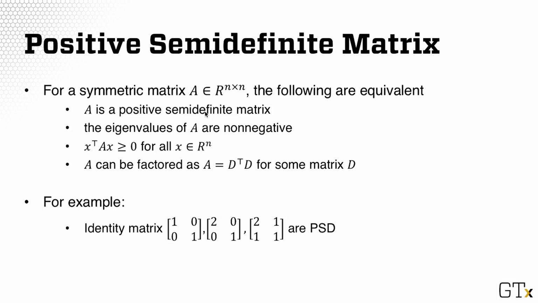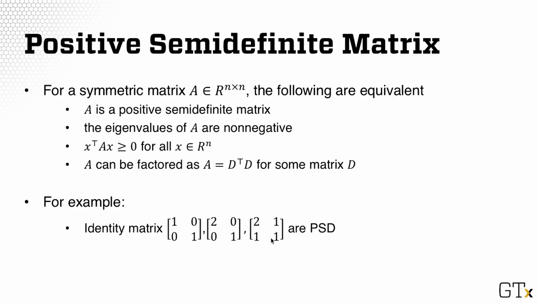For example, the identity matrix is definitely positive semi-definite. In fact, any diagonal matrix with non-negative numbers on the diagonal is a positive semi-definite matrix, because these numbers are actually the eigenvalues of A. The identity matrix has eigenvalues 1 and 1, and this one has eigenvalues 2 and 1. So these are all positive semi-definite matrices.